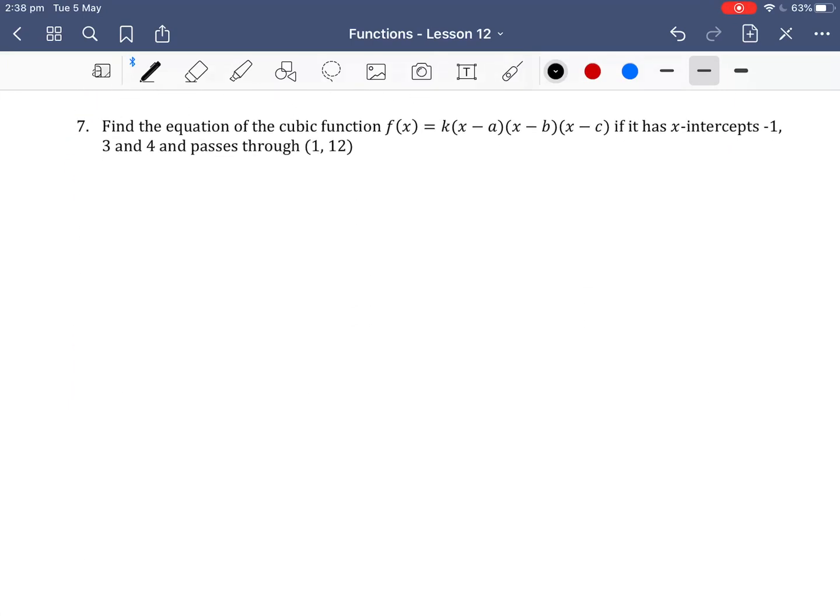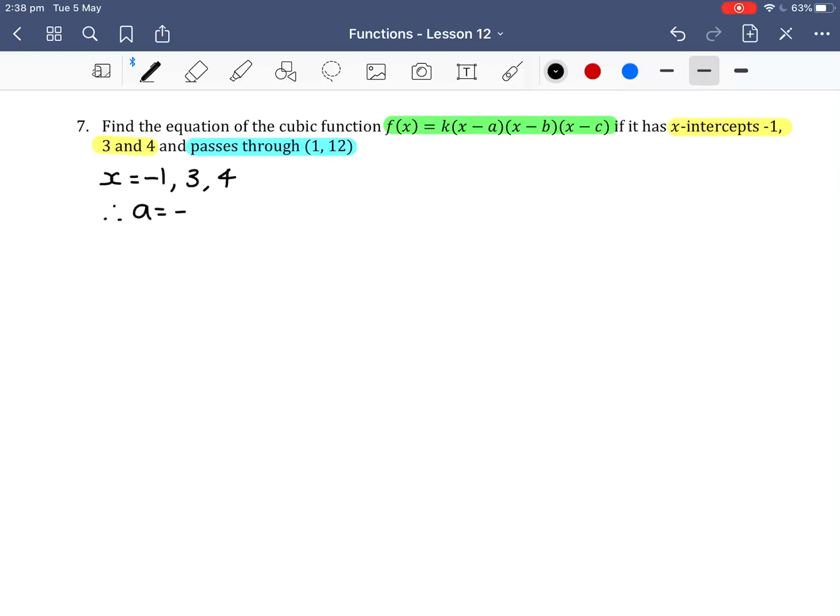Example 7, our last example, is to find the equation of the cubic function f(x) equals k bracket x minus a bracket x minus b bracket x minus c if it has x-intercepts -1, 3 and 4 and passes through the point 1, 12. So our x-intercepts are -1, 3 and 4.